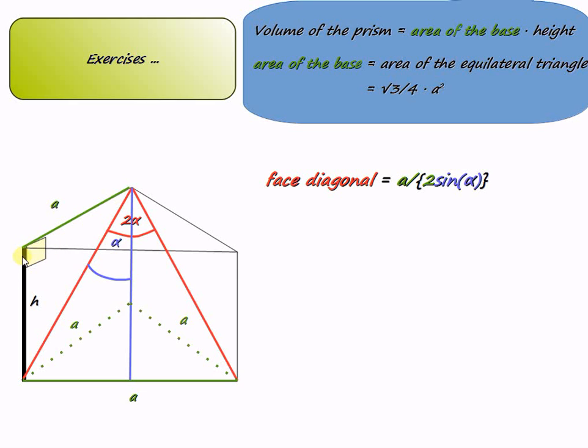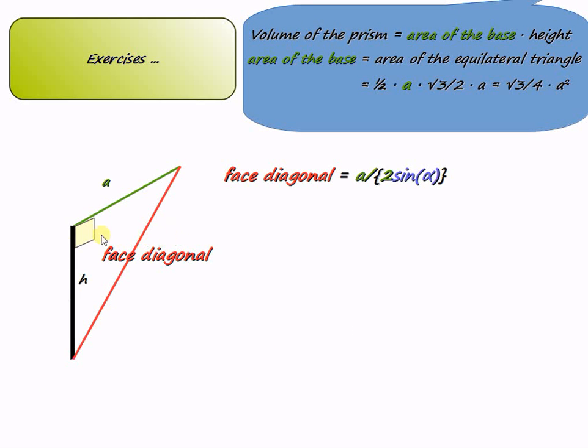So let's have a closer look at that right triangle. And now we would like to compute the unknown variable h by expressing it in terms of a and the face diagonal, which were previously given or calculated. And actually we can do it quite easily if we apply the Pythagorean theorem to our right triangle.